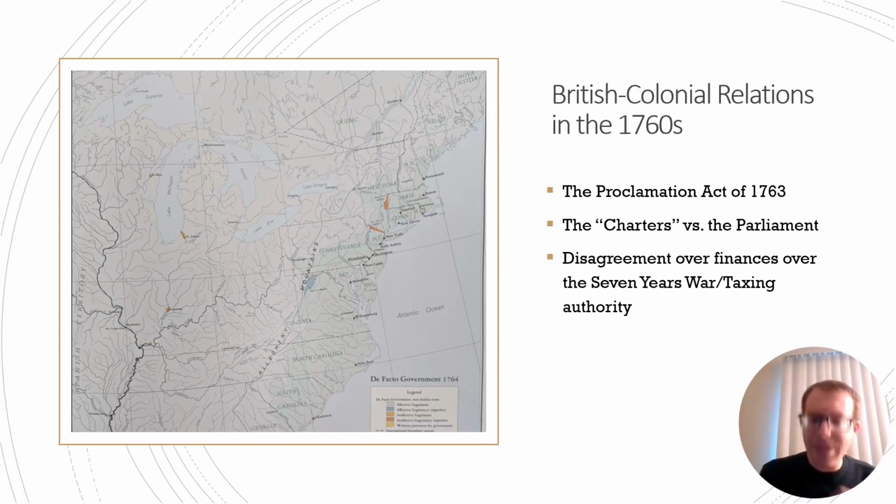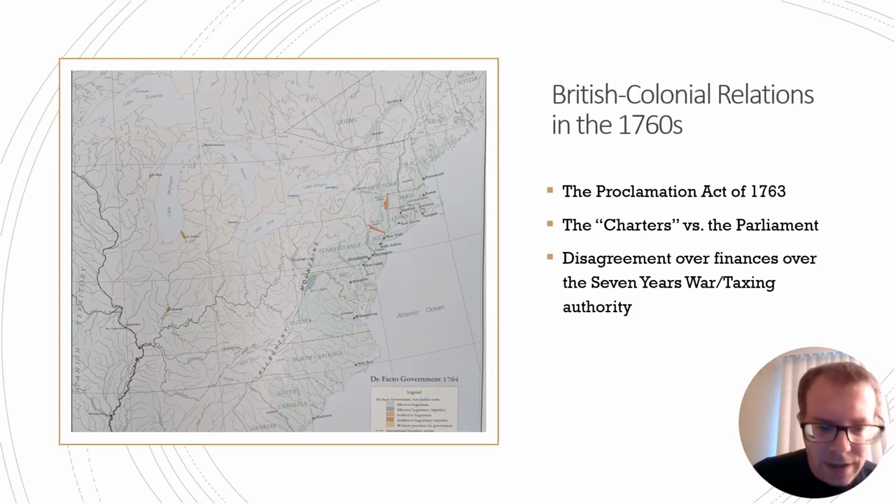So one of the key things they do is they pass this act called the Proclamation Act of 1763. And what the Proclamation Act specifically states is that American colonists are not allowed to cross a line around the modern day Appalachian Mountains because they don't want American colonists squatting on native territory, stealing native land, and then starting wars with these powerful native nations, which the British Empire cannot afford to fight.